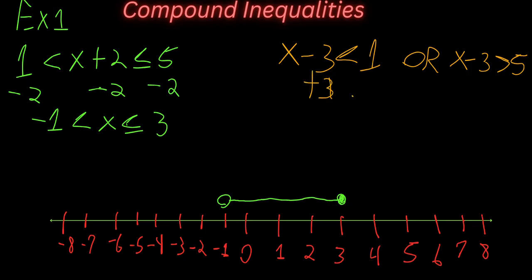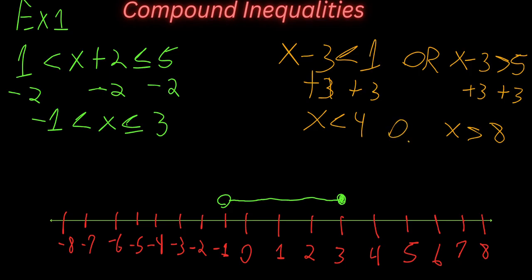We'll add 3 to both sides, and we'll get x is less than 4. And then we'll add 3 to both sides over here, and we'll get x is greater than 8. So now we've set up two. We'll just say that it's still OR, okay?